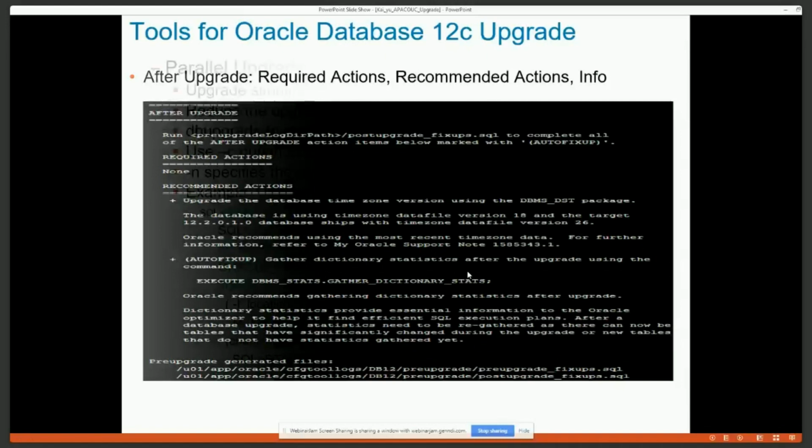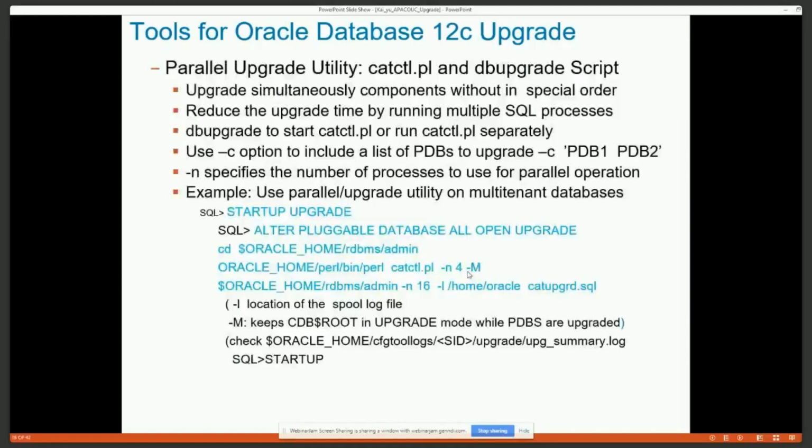The second is the parallel upgrade utility. I mentioned that if your database is very simple, you can just run DBUA, which will take care of everything, including pre-upgrade. But if your database is very complex, has very complex objects, and will take a long time to upgrade, then you may want to leverage this parallel upgrade utility, because it allows you to take advantage of your multi-core CPU.